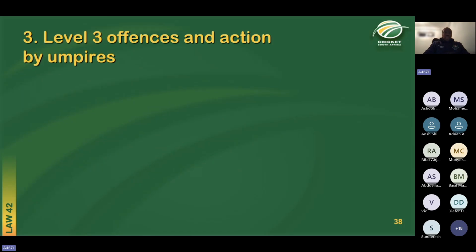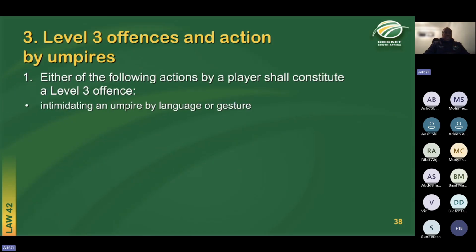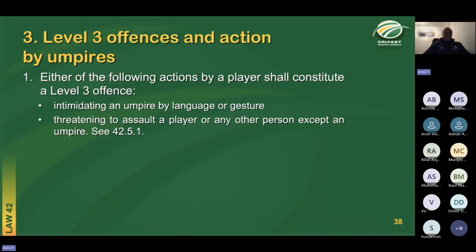Moving on to level 3 offenses, what do those look like? Intimidating an umpire by language or gesture. So now it is not just an unfriendly piece of language or gesture, it is intimidatory gesture or language directed at an umpire that is a level 3 offense.